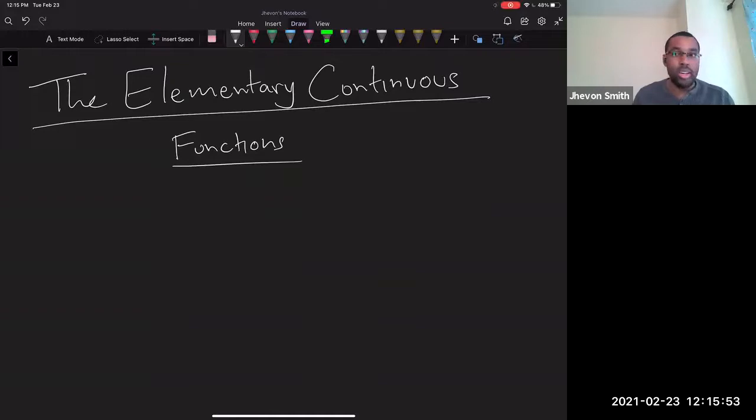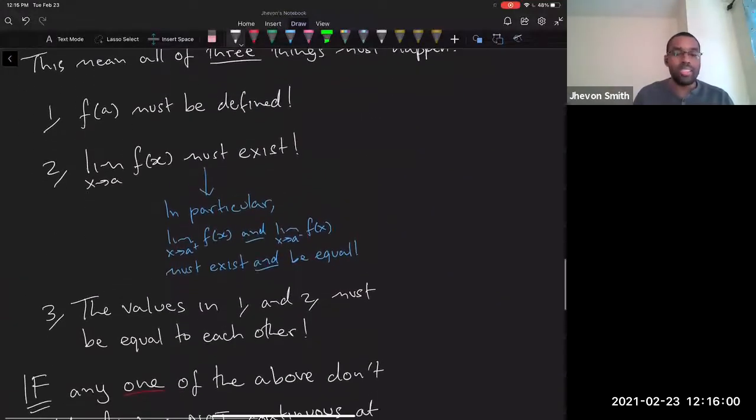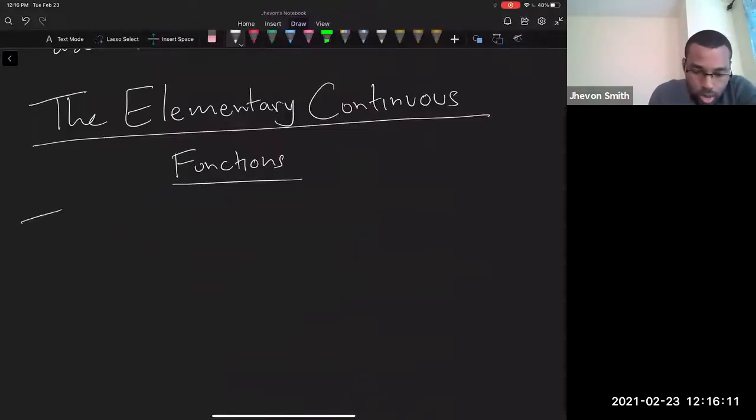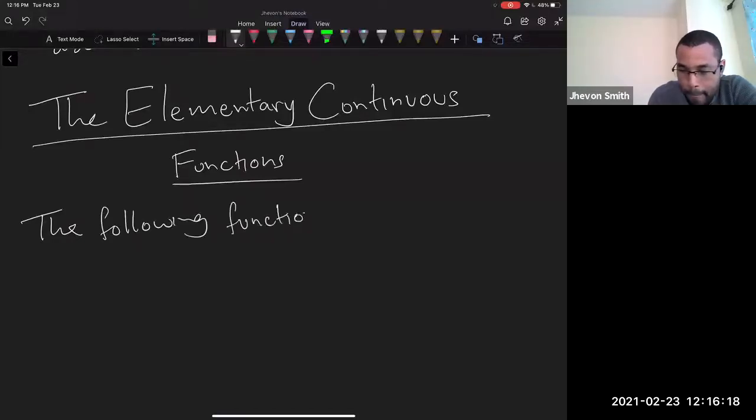This list is so useful that there are times when you can sneakily prove all of these things without actually proving it, if you can justify it. There are some things called the elementary continuous functions. The following functions are known to be continuous on their domain.